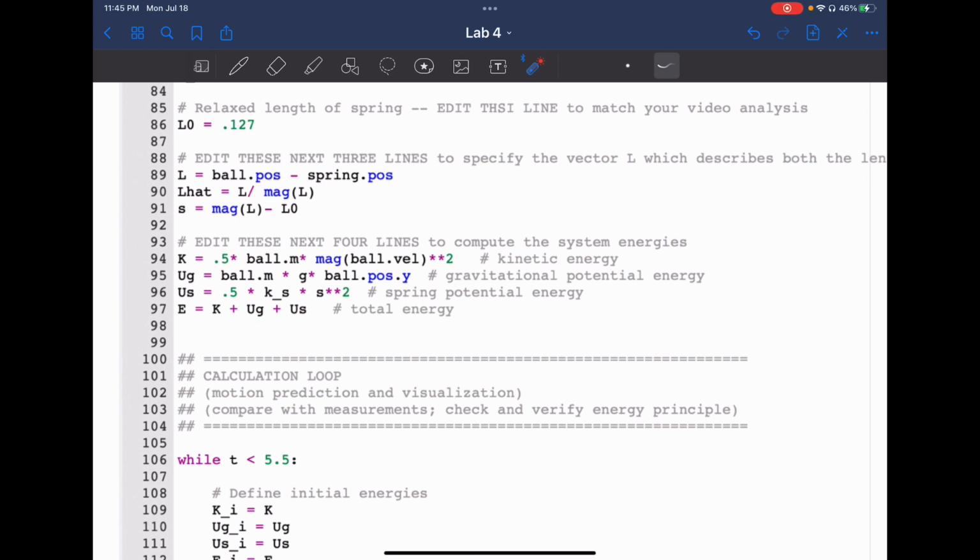It was 1/2 times the mass of the ball times the magnitude of the ball's velocity squared, which is 1/2 mv squared, and then the same for the gravitational potential energy and spring potential energy, and then the total energy, which is all three of these acting together because the system was all three of these.